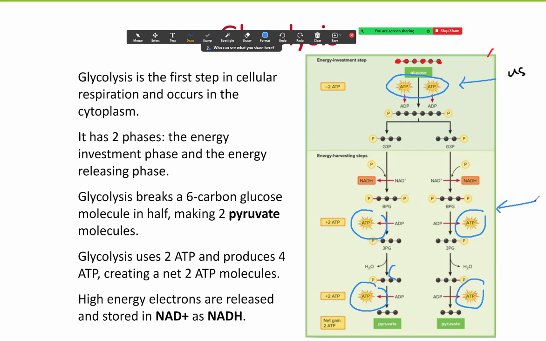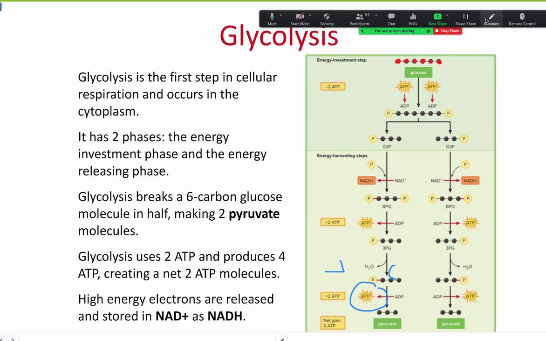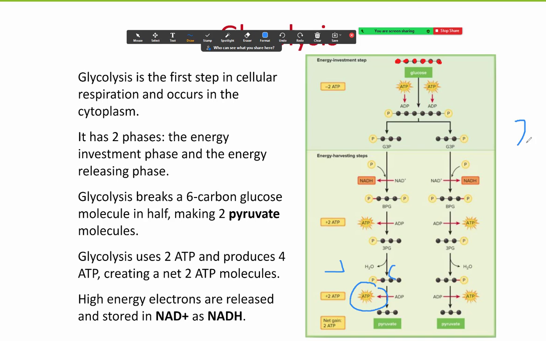Over here and over here, we actually made ATP. So now the question for everybody is, how many ATP did we gain? What's the net ATP? If we use 2 and we made 4, right? 4 minus 2 is 2. So the answer for glycolysis is, for every 1 glucose, you only make 2 ATP.